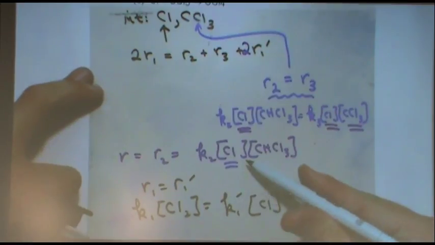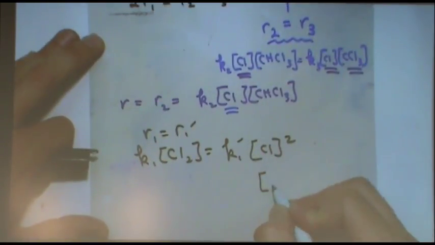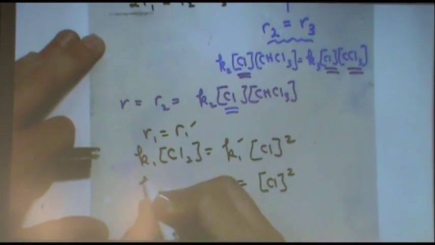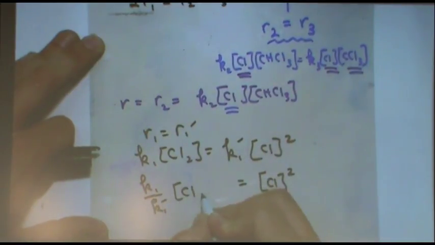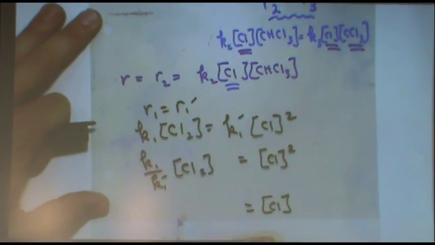Remember, I want an expression for Cl to plug in, so I'm going to solve for Cl. Cl squared is equal to K1 over K1 reverse Cl2. Take the square root of both sides. Cl is equal to square root of all this mess.